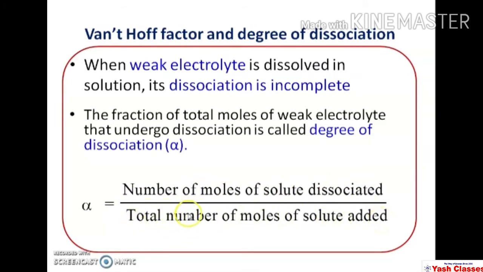As an example, when 1 mole acetic acid is added and out of that suppose 0.2 moles dissociates, the number of moles dissociated will be 0.2, and number of moles of solute added will be 1. So 0.2 by 1, that is equal to 0.2.